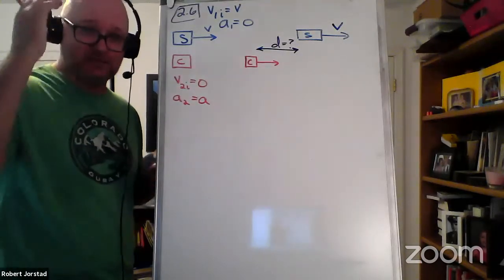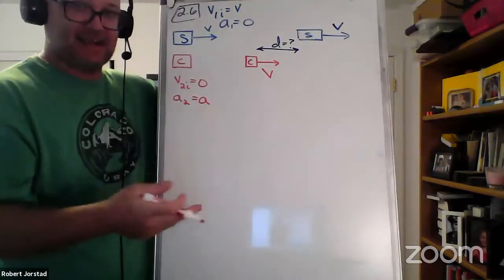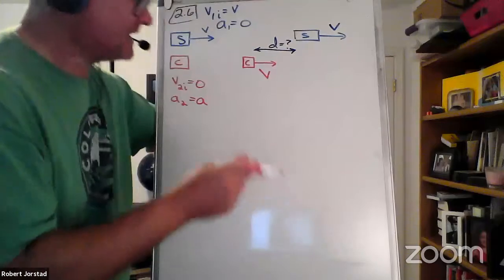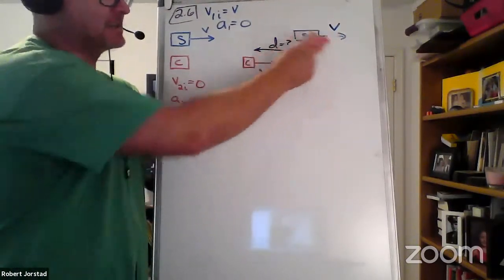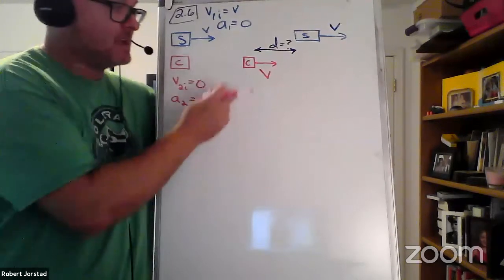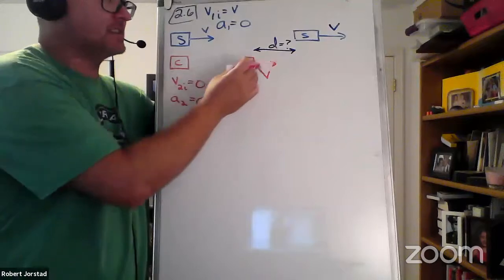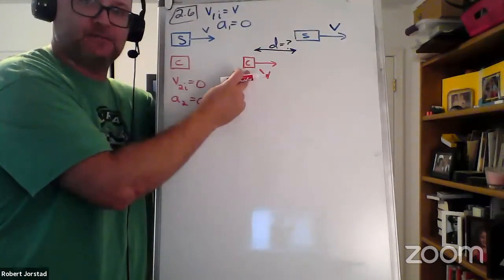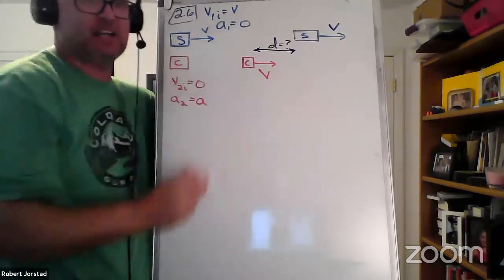Yes, and this is the tough part. So now you should be writing down something in your workbook that says anytime you get this max separation in an intercept problem, that's what tells you, hey, the cop has gotten to the same speed as the speeder. Think about this. If the cop was going any slower, the distance between them would keep growing, right? If this one was going 20 miles an hour and this one's going 15, this one is still gaining ground at the rate of 5 miles per hour.